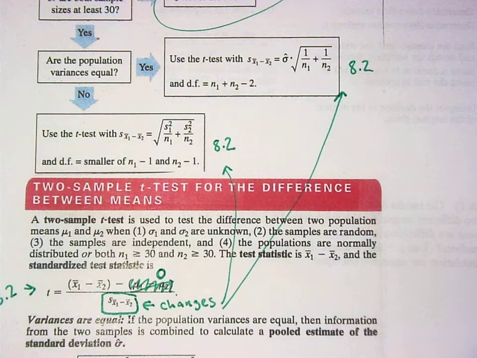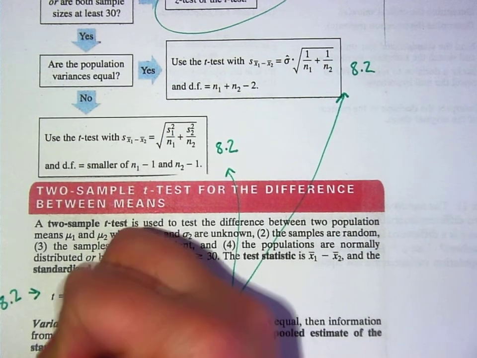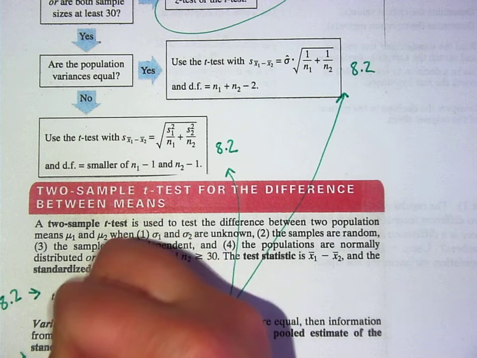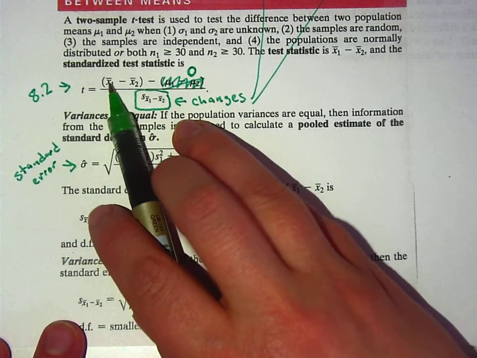And it's a bunch of stuff. If the variances are equal, there's like a pooled estimate of standard deviation, where you would have to, on the bottom, have this, which is the standard error right here. That's what that symbol means. So on the top will just be one thing minus one thing.